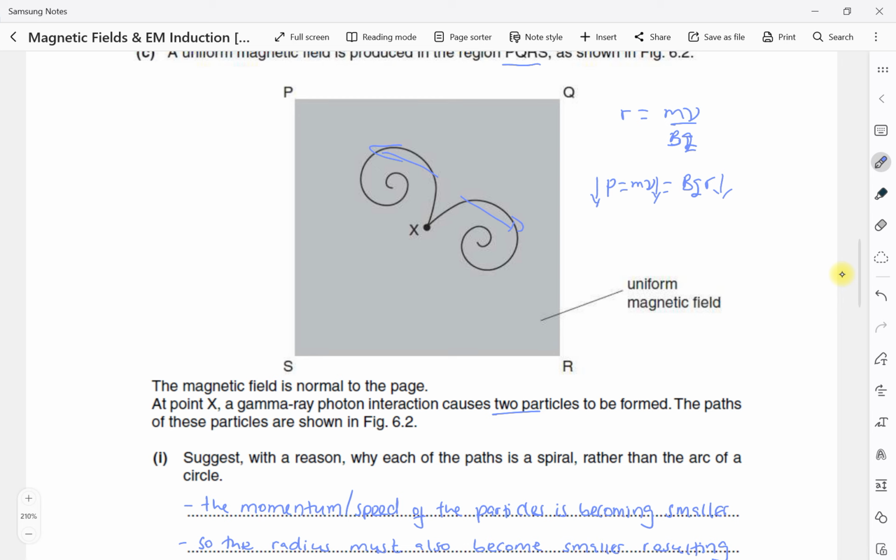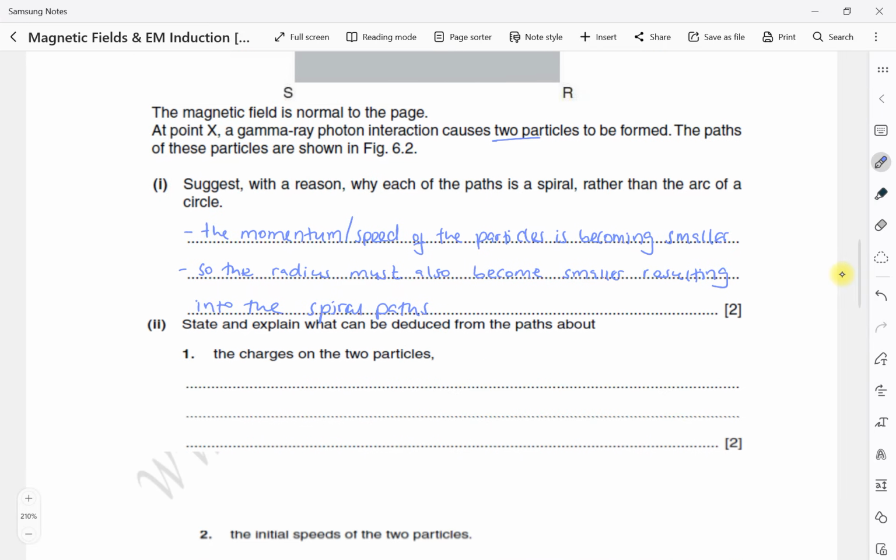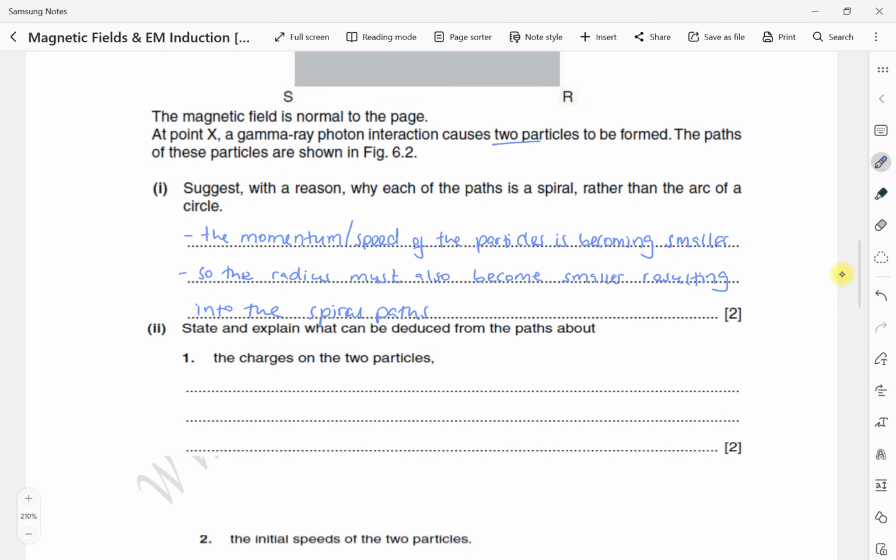This is a magnetic field. The particles are moving away from each other, and in a magnetic field, a positive and a negatively charged particle move in opposite directions. So these should be having opposite signs. If they had the same sign in a magnetic field, they would be moving towards the same side. Okay, so the spirals are in opposite directions, so the particles have opposite charges.